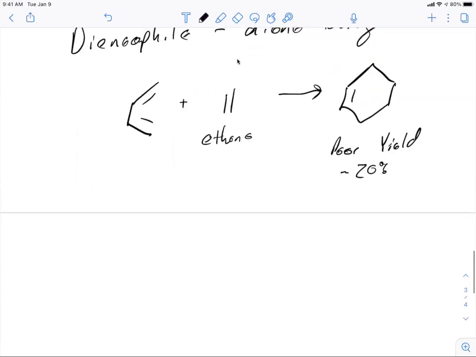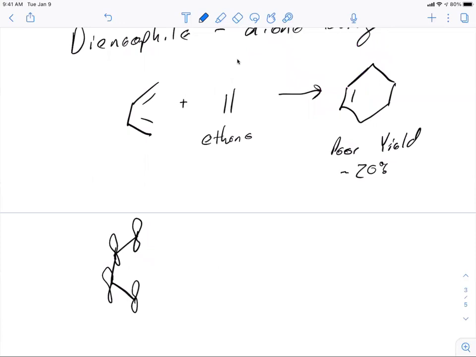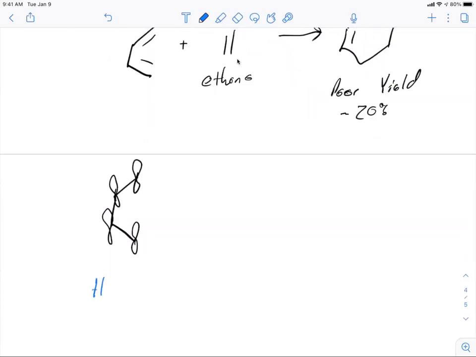Now, if we think about our orbitals, we're going to be reacting, if you remember last week, we looked at the molecular orbitals. What we're going to be reacting in most cases for normal Diels-Alder reactions is the HOMO of the diene.